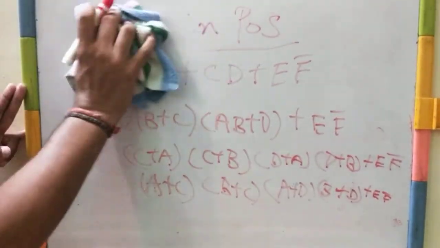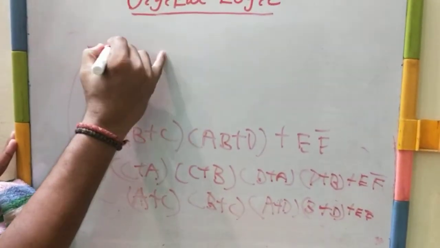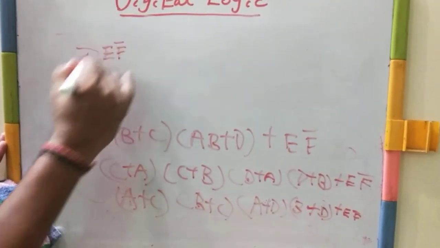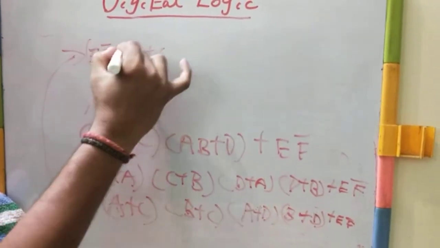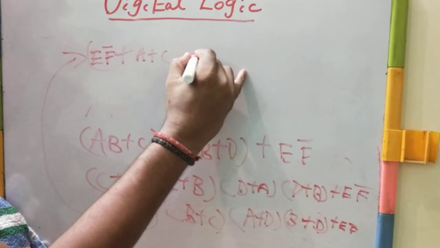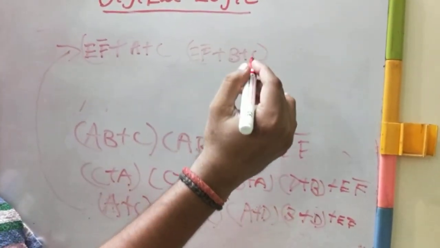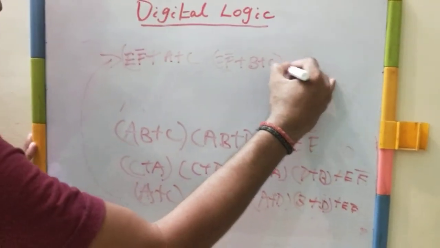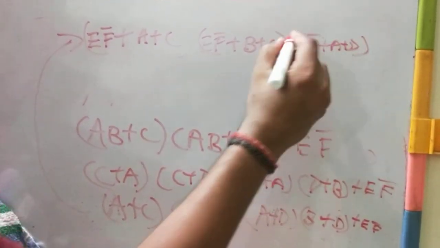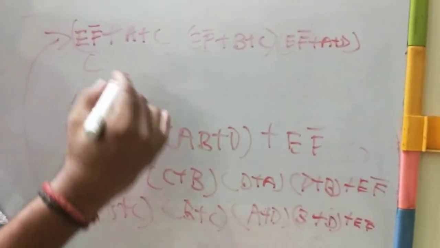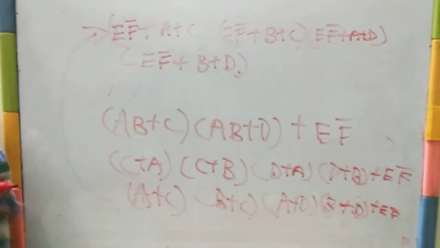EF dash plus A plus C, into EF dash plus B plus C, into EF dash plus A plus D, into EF dash plus B plus D. Okay, I think I can erase these portions.